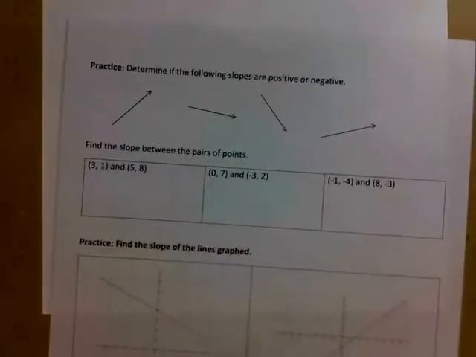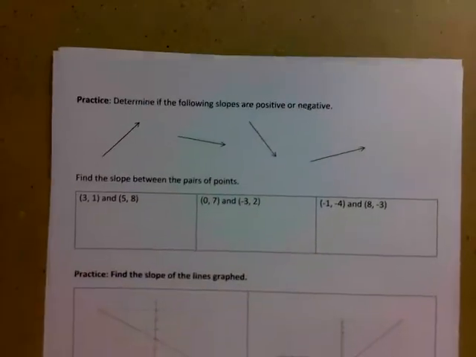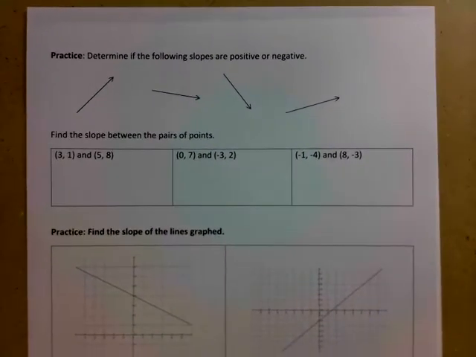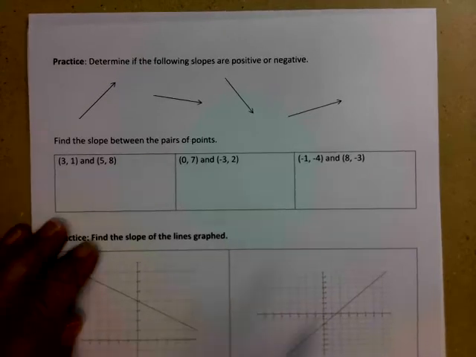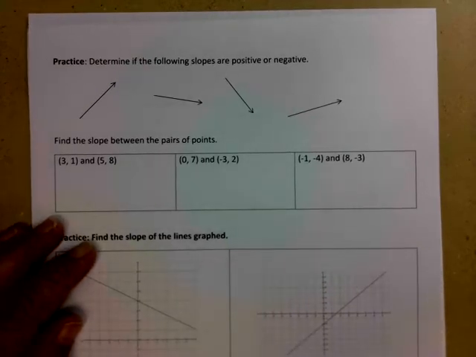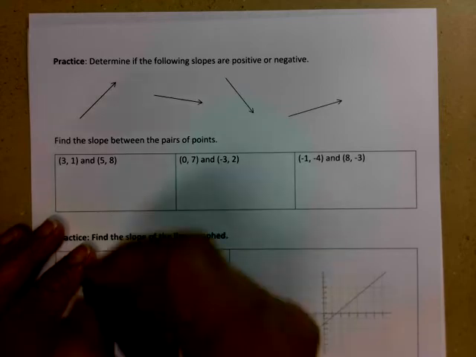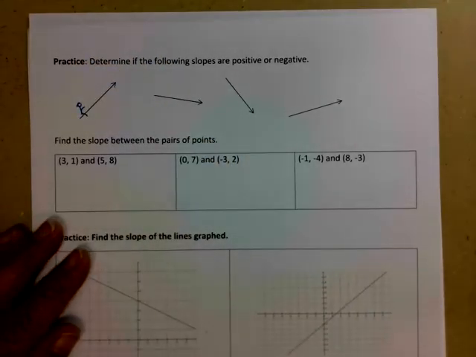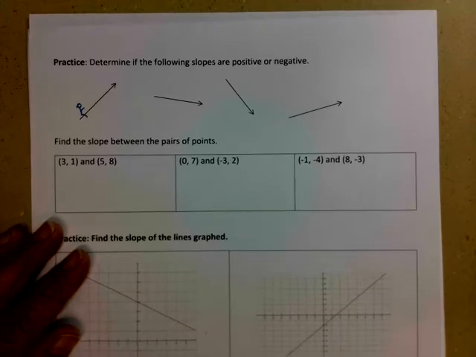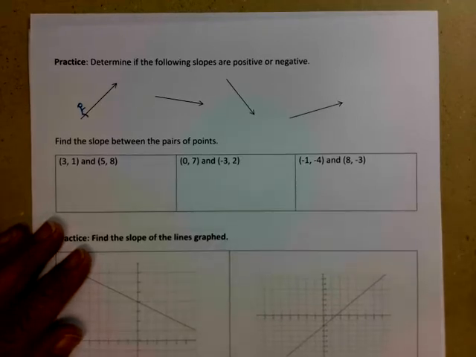Okay. So let's go ahead and practice real quick. Just decide if these slopes here are positive or negative. One way that you can think about it is, go ahead and put a stick figure on there. And are you walking uphill or are you walking downhill? Okay, and you're always walking left to right.